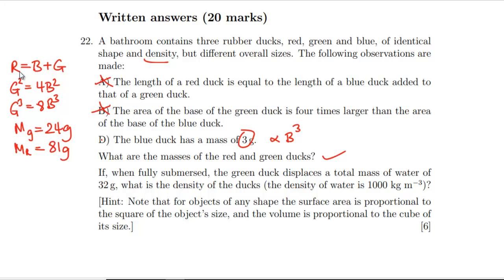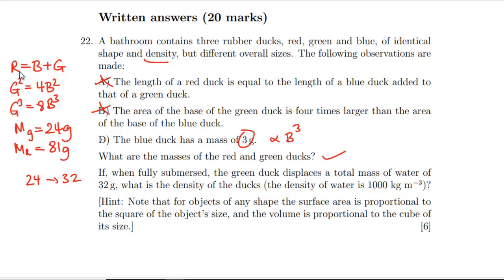And how much did it weigh? The green duck weighs 24 grams. Right, okay. So the 24 grams, it's displaced 32 grams. So the water weighs more than the duck, so the water is of higher density than the duck.